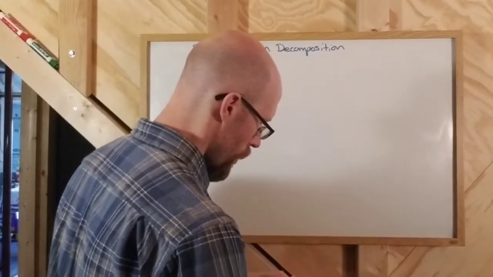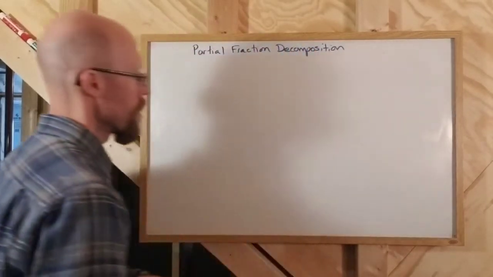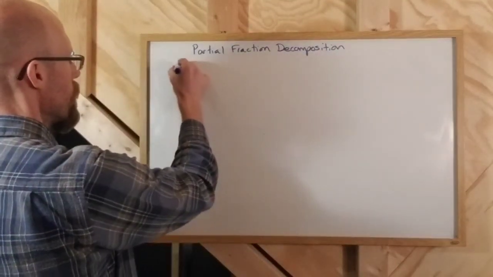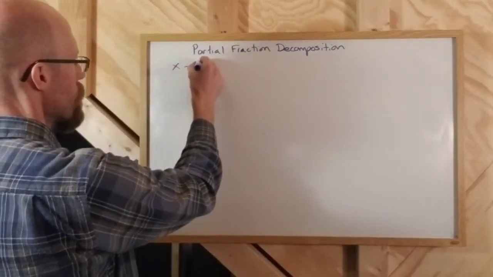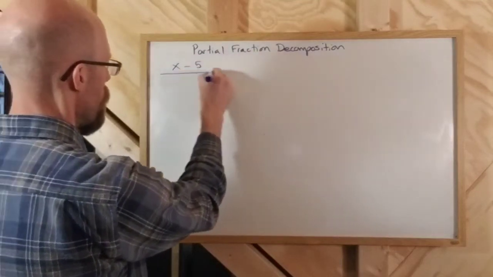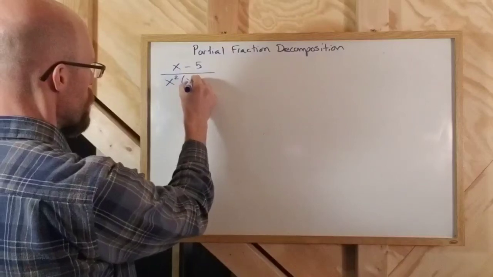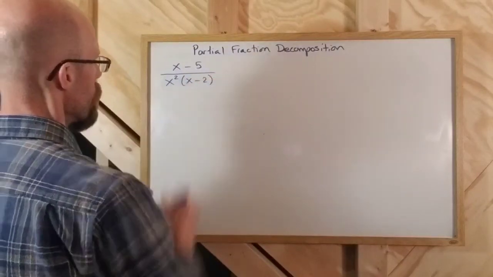And so a real quick example of that might be something like x minus 5 over x squared times x minus 2.